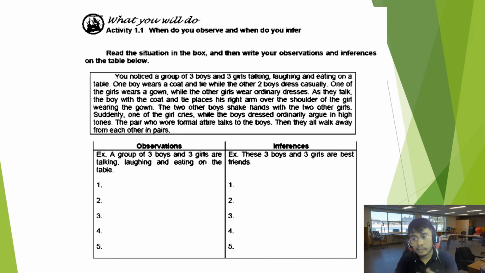You can state it in another manner. Okay? So, but that inference is anchored from your observation. So, wala pong mali dito sa inference as long as it is somewhat aligned to your observation and it is based from your experience. Okay, so I hope you can answer that one.